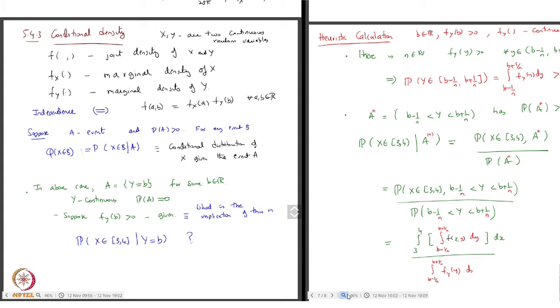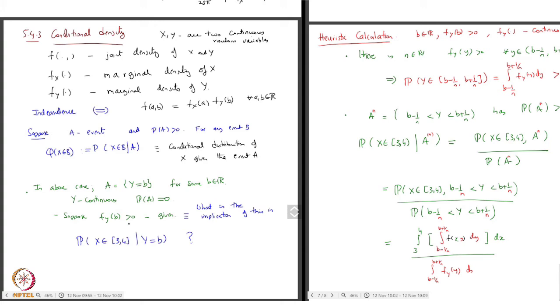Its probability was 0. But somehow, let's say I know that the density function is positive at that point, so f sub y at b was positive. Now, how do I use this information to compute the chance that x is in 3, 4 given y equal to b? I can't use the conventional way because that would need the probability of the conditioning event to be positive. But I can't do that. So I have to do it in a little clever way.